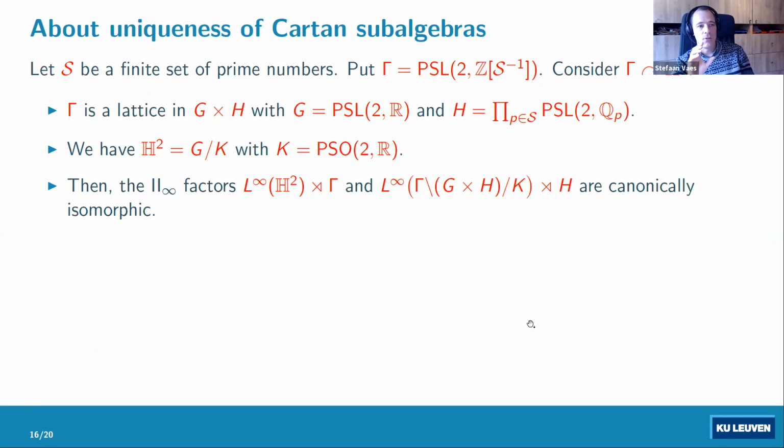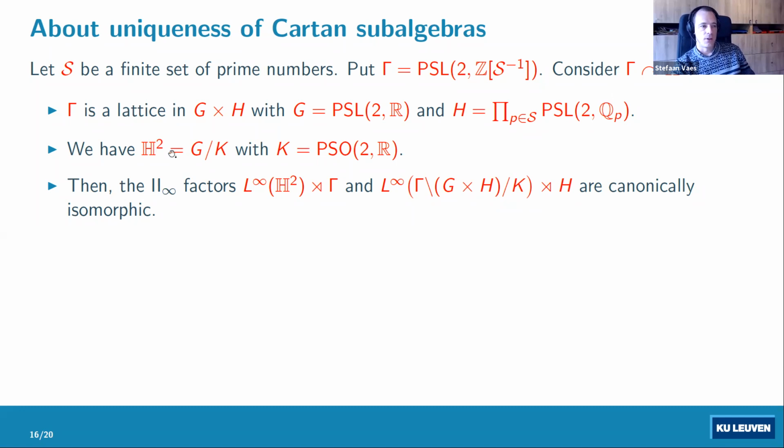So I can actually view it in a different way, and deduce in that way that Cartan must be unique. So what happens? Assume that you add a finite number of primes to Z, so that gamma becomes a lattice in PSL2R times the product of these QPs, PSL2 of QP, as we have seen before.